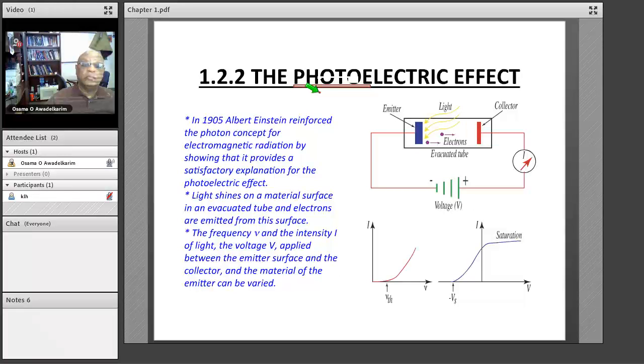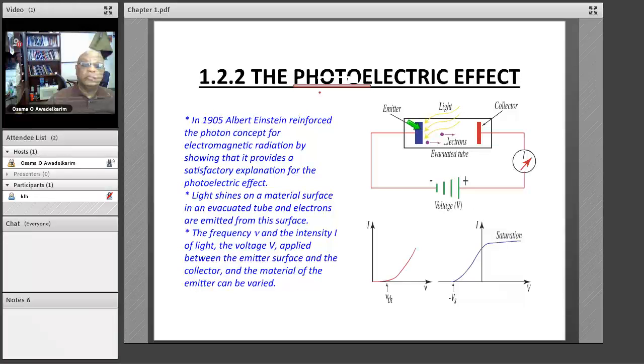Let's assume that we have an evacuated chamber made maybe from glass, which is transparent to light, but it's evacuated, so it's a very low vacuum. Then we have two conducting plates.